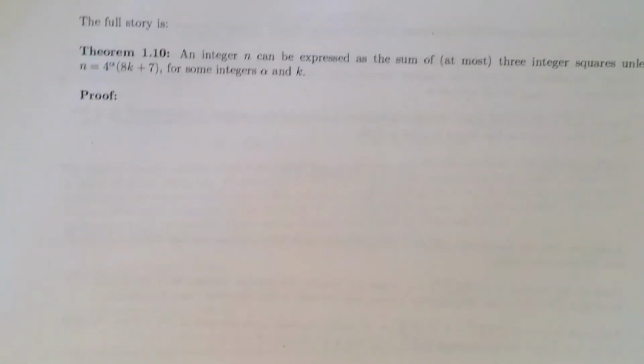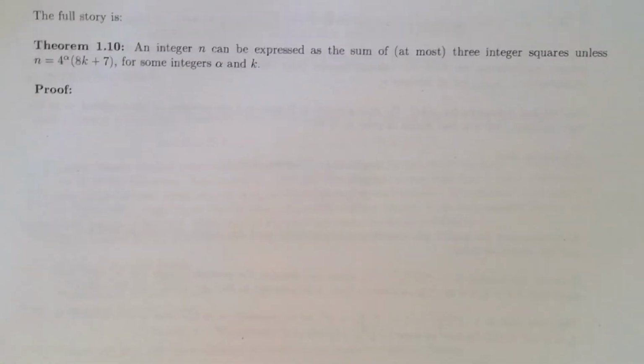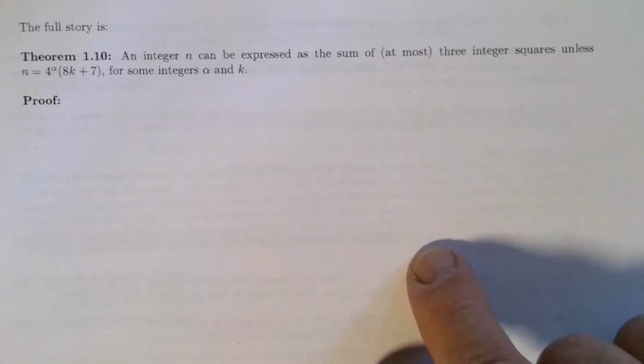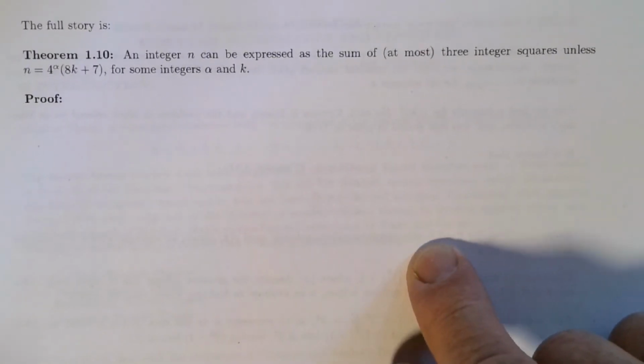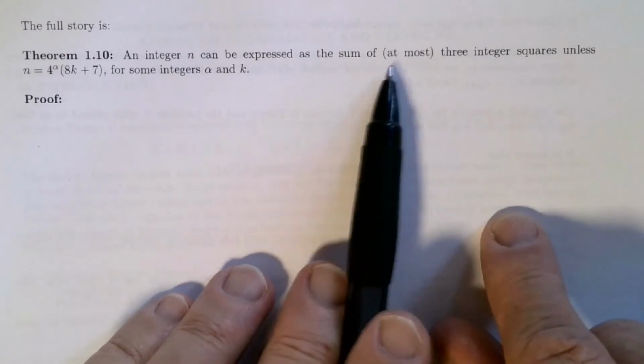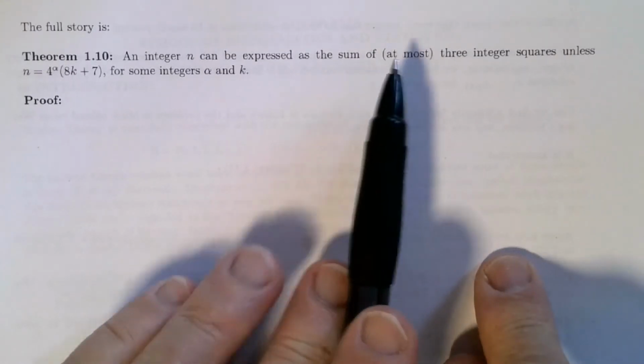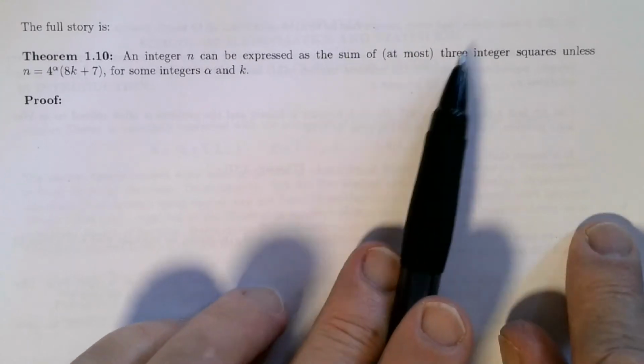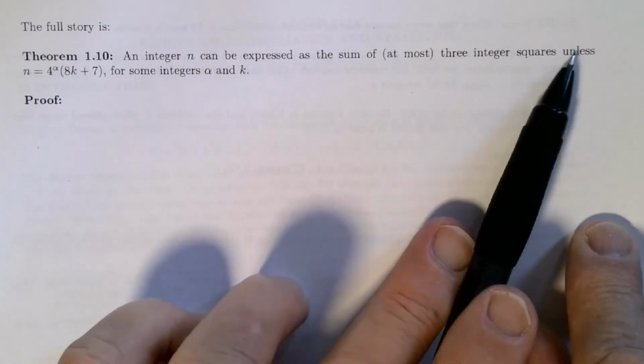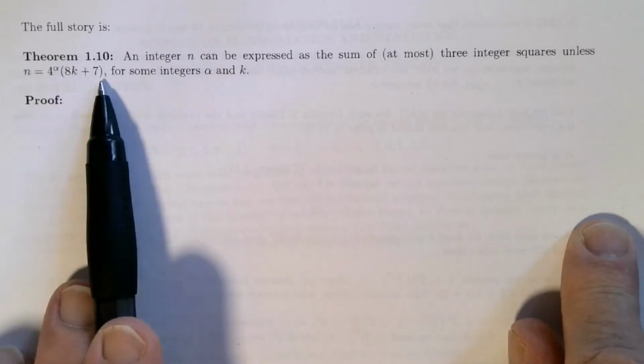Now, what's the full story? Well, that's our next theorem. The full story is as follows. It says an integer n can be expressed as the sum of, at most, because you can sometimes get away with 2, at most 3 integer squares, unless n has that shape.